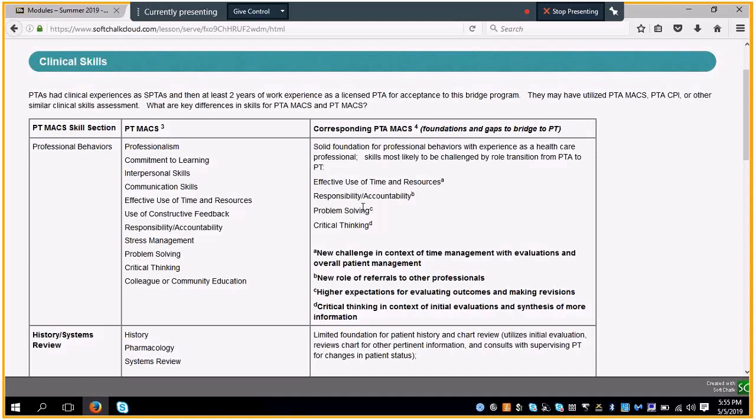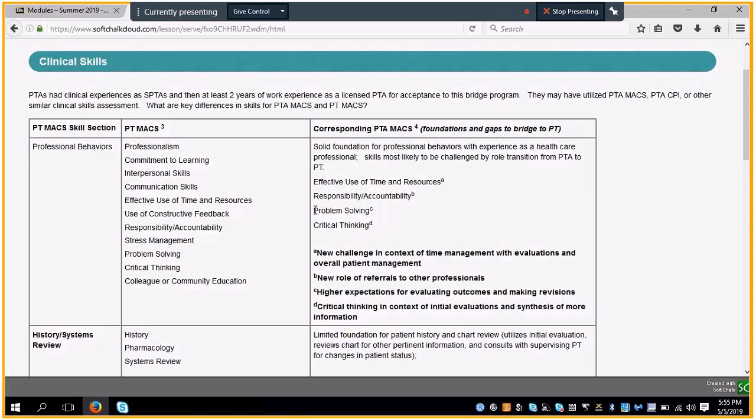There are some professional behaviors where the expectation in the physical therapist performance is a little bit different and of a higher complexity than what is expected in the PTA role. And these just have to do with new challenges, and I've mentioned these over here as it relates to use of time and resources, responsibility.